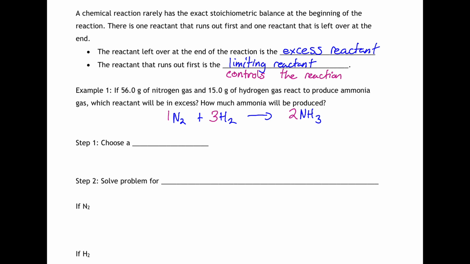So first thing we do is we choose a product. And that's usually the one given in the reaction to figure out how we're going to do it. So in this case, there's only one. So it's going to be the NH3. So our product that we're going to be testing is the NH3.